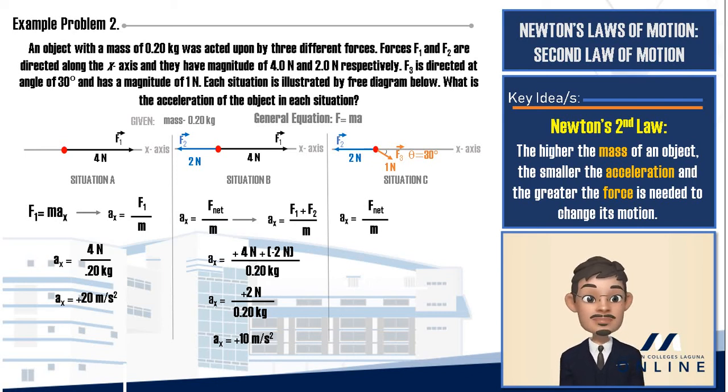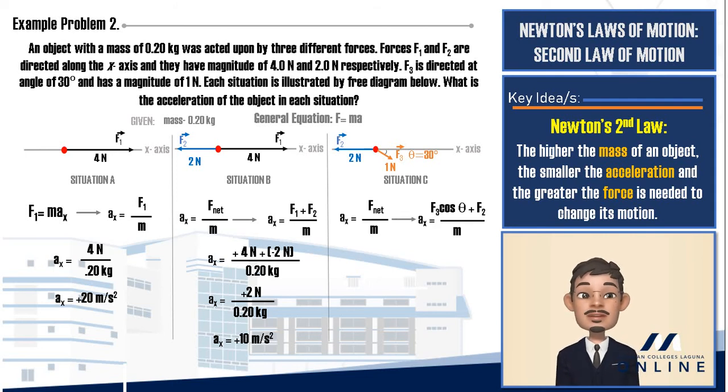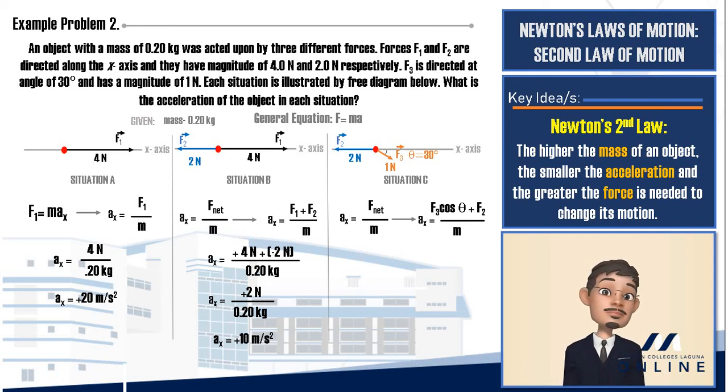Since they are opposing forces, we can find the resultant force by algebraically adding them, F sub 3 plus F sub 2. Remember that F sub 3 is not on the x-axis, so we need to find first the x component of this using the formula F sub 3 cosine theta.